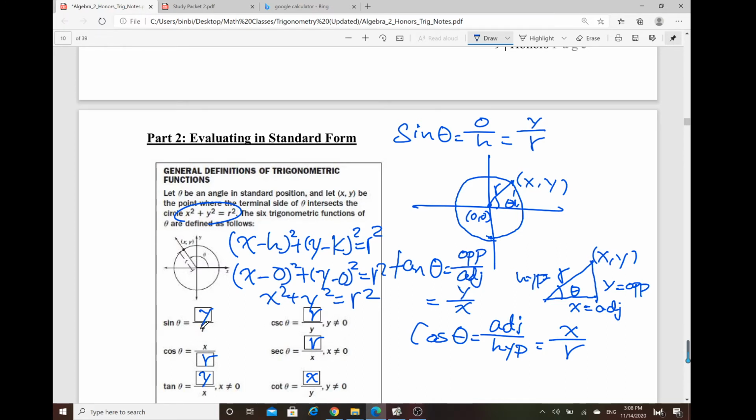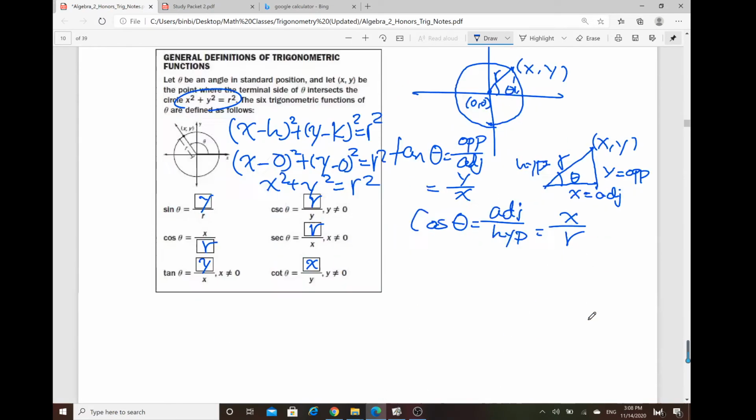The radius cannot be 0 because it's always greater than 0; a radius of 0 means just a point. Also x and y cannot be 0 for those ratios, because otherwise they would be undefined. We'll get to that when we deal with the undefined situations of the trigonometric functions.